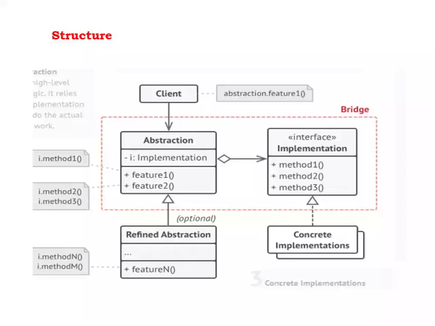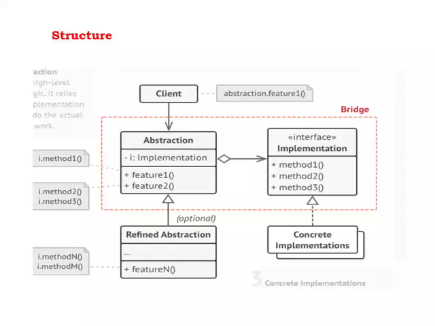The abstraction may list the same methods as the implementation, but usually the abstraction declares some complex behaviors that rely on the wide variety of primitive operations declared by the implementation.